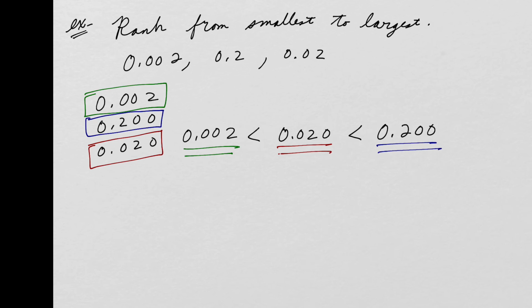So the green was 2 thousandths. That's less than the red, which was 2 hundredths, which is less than the blue, which is 2 tenths. That's the other way of thinking about it, right? You could think about it in terms of fractions as well. But it's easier just to compare the digits at their place, right? Compare place values.